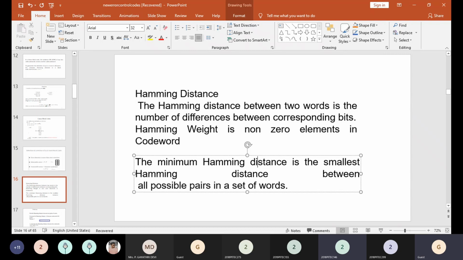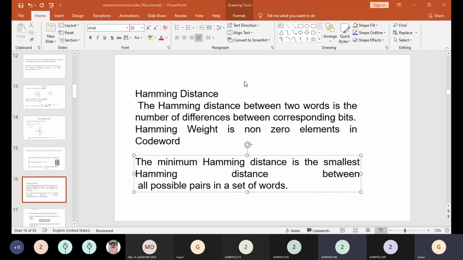Now we'll pass on to this particular problem. Find the Hamming distance between two code words. For example, you have the code words 000 and 011. If you compare the first bits, the first bit is 0 and the other is 0, so there is no change.